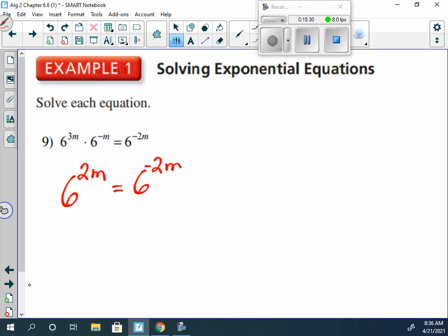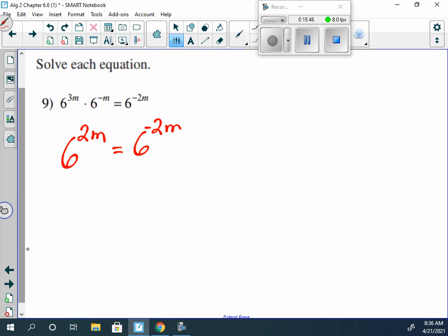Because 3m plus negative m would be 2m. Does anybody have a guess at what the value of m is going to be? It is going to be 0. Most likely, yes. So, since the bases are the same, it means that the exponents have to be the same also.